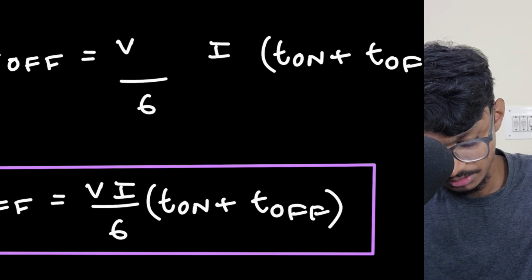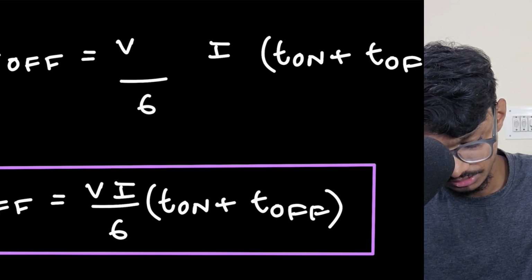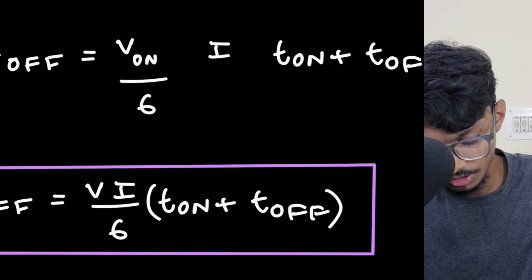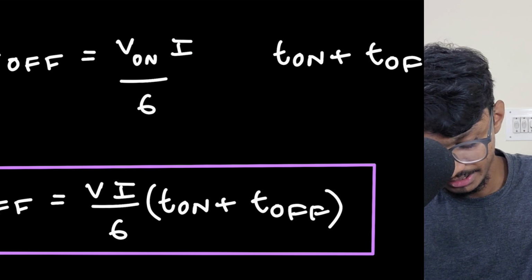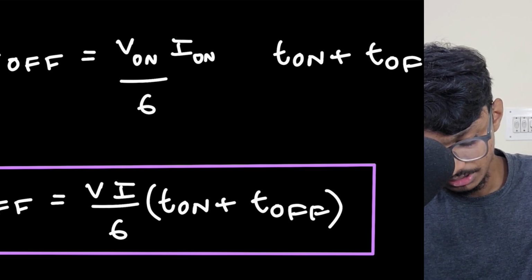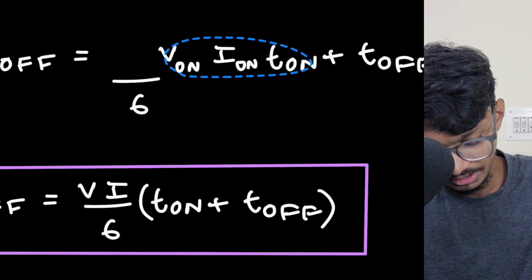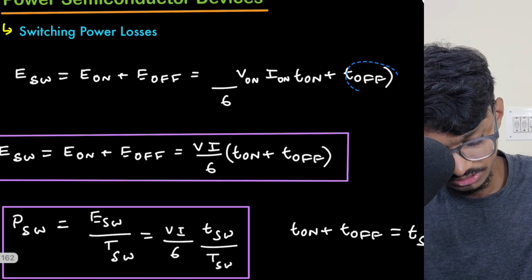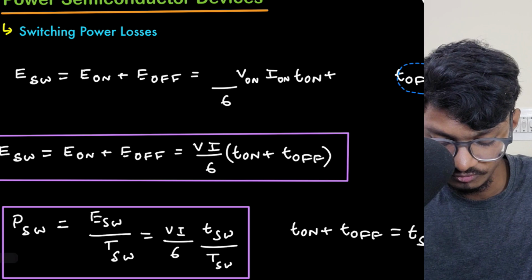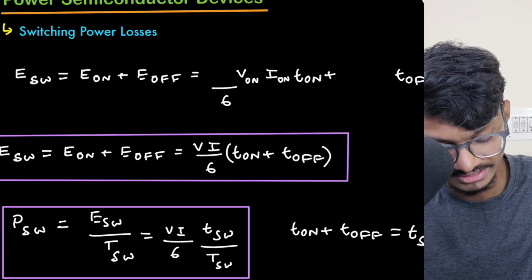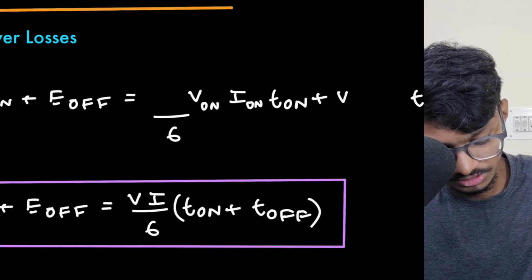Basically, this T on will be here only. This will be V on into I on. So during the on period, what was the peak current and the peak voltage, and during the off period, what was the peak current and peak voltage. So this is a generalized case, and when the peak current and peak voltage for both the cases are the same, this won't change anymore.